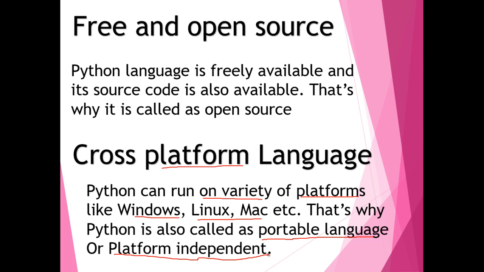If I create a Python program in one type of operating system, I can also run that program on any other machine having any type of operating system. So it is not platform dependent, it is platform independent. The Python program will run successfully on all types of machines.